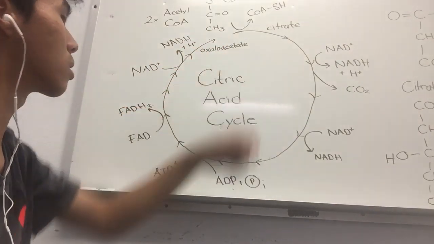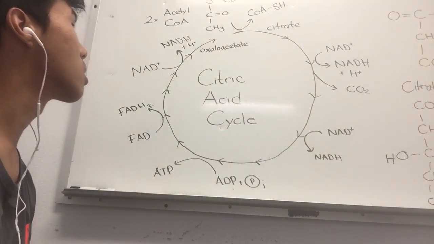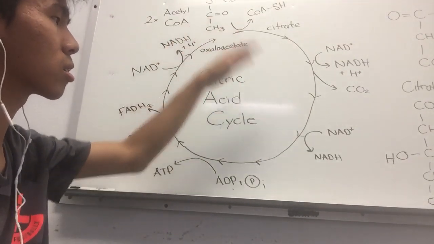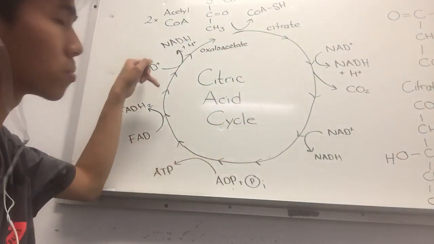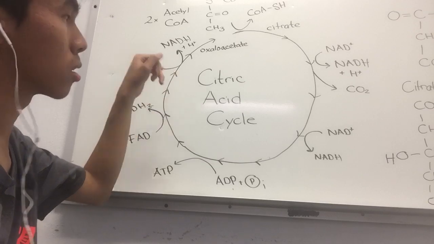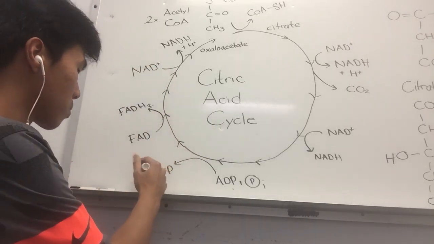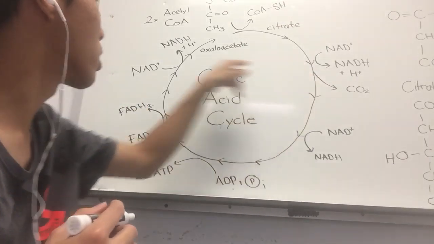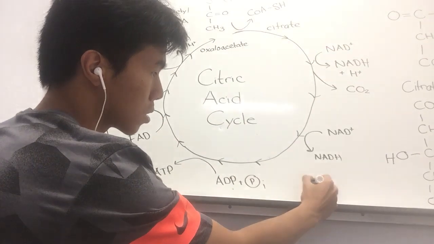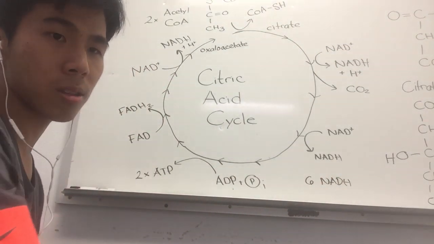And the end product will be, since there are two cycles, you multiply everything that's formed here by 2. So there will be 2 ATP, and as you can see there are 3 NADH, so there will be 6 NADH in 2 cycles.